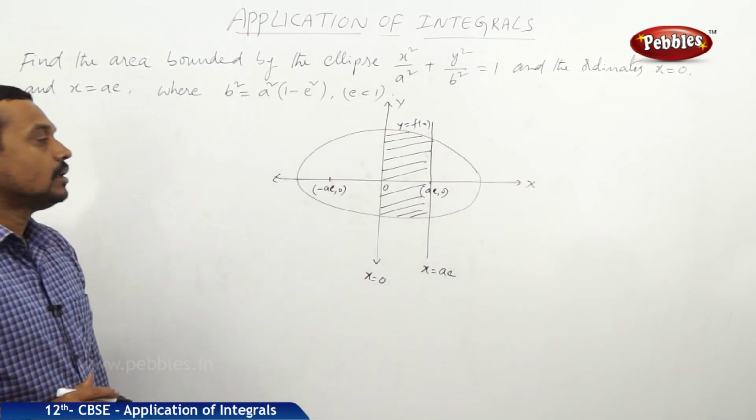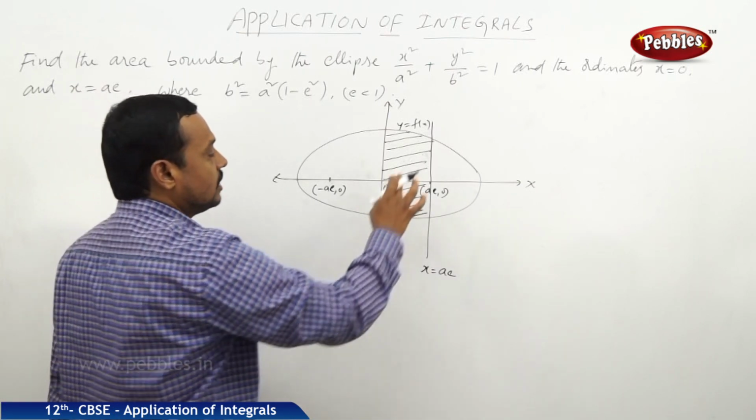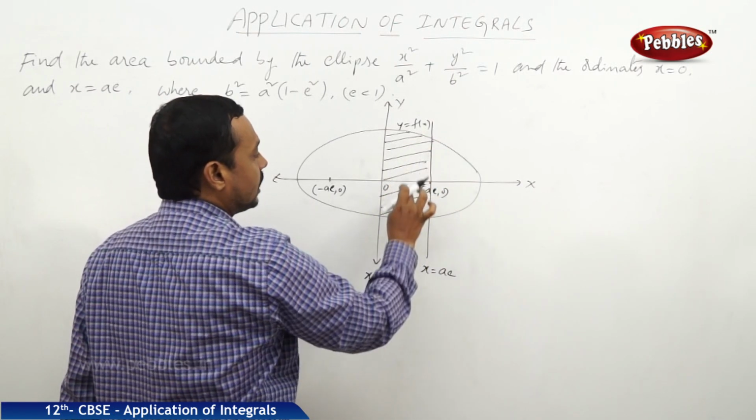But we know that the ellipse is symmetric about the x-axis. Hence, these two portions are equal.